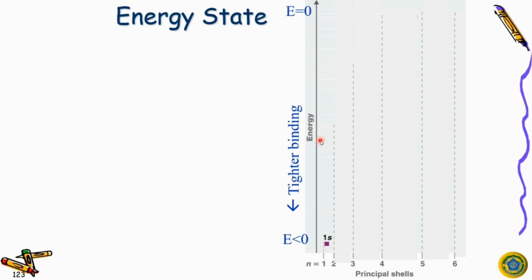So the energy of 1s is very, very low, then 2s, 2p, 3s, 3p, 3d. And then you might wonder why 4s is here. The energy of 4s is lower than 3d. This is for some reason. The energy states 4s, 4p, 4d, 4f are not in simple order.